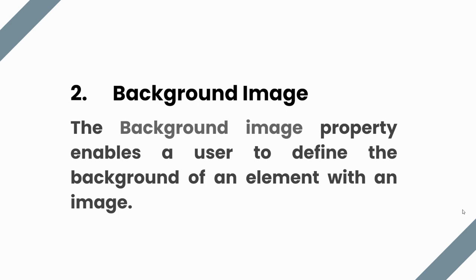Next, we have the background image. The background image property enables a user to define the background of an element with an image. Yes, it is possible for you to have an image that would be the background of a particular element. And unlike HTML, which has this particular attribute limited to just the table and the body, this property in CSS is actually not limited to just table and the body.